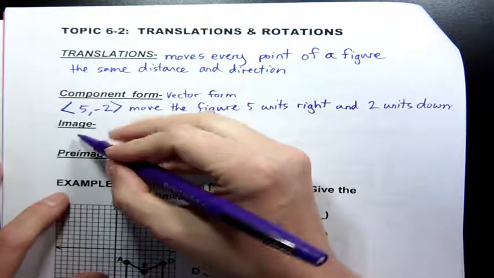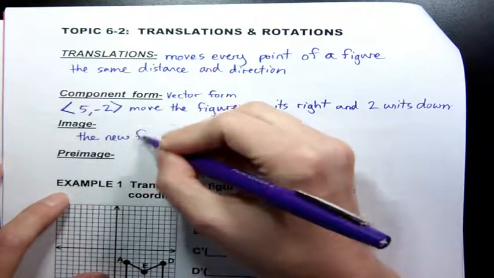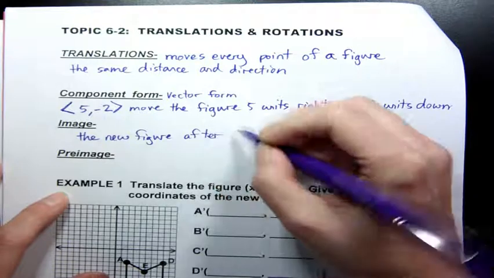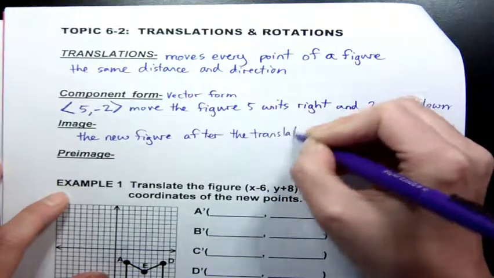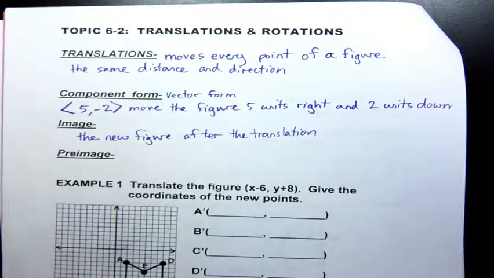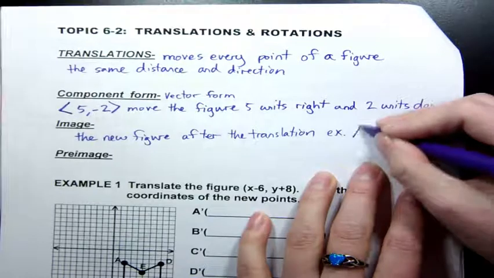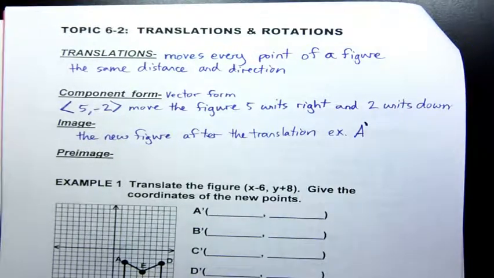Okay, image is what we call the new figure after we translate it. It's important to recognize that the new figures are always marked with the same letter and then an apostrophe after it.